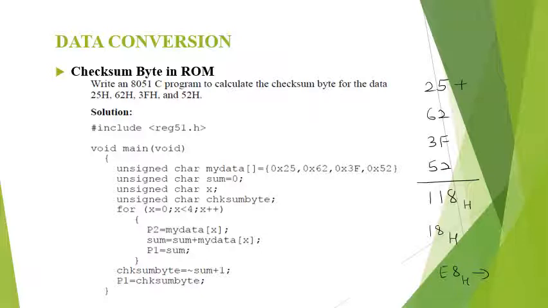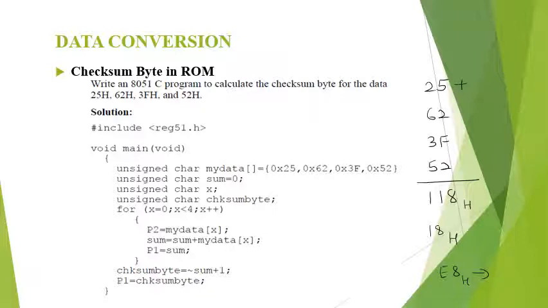Let us see the program written to illustrate this process. In the main function we have my data array declared, which has the values 25H, 62H, 3FH and 52H. The series of data is stored in the array my data, and then we have a variable sum declared, assigned value 0, and then variable x is declared and one more variable checksum byte.